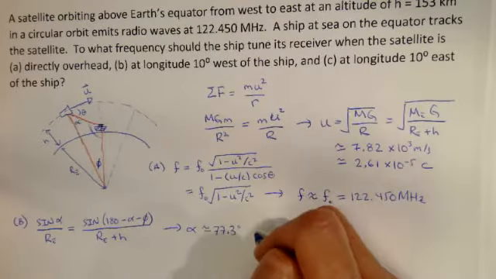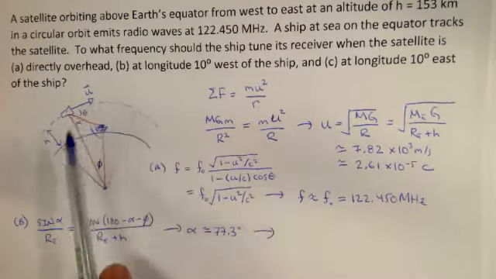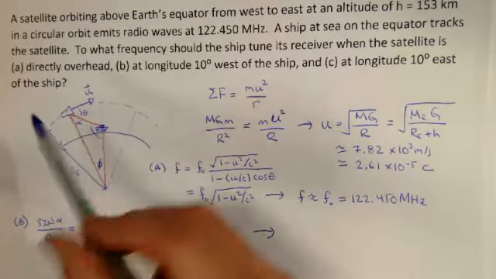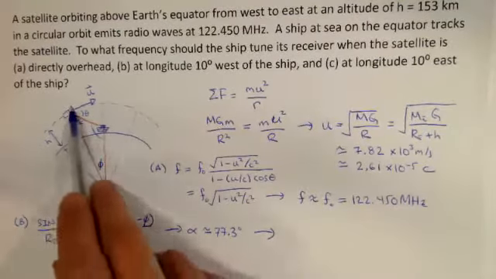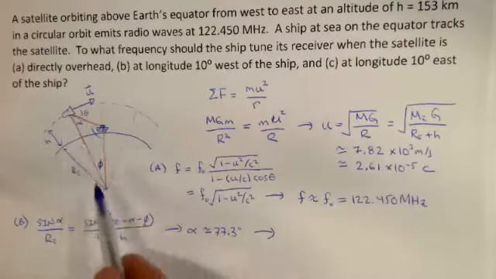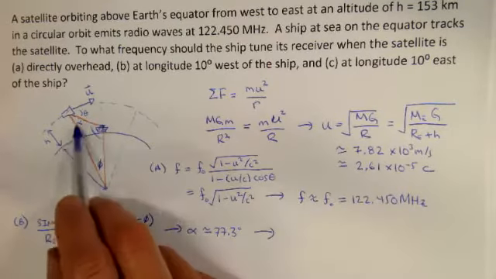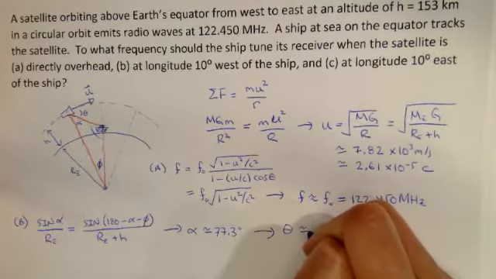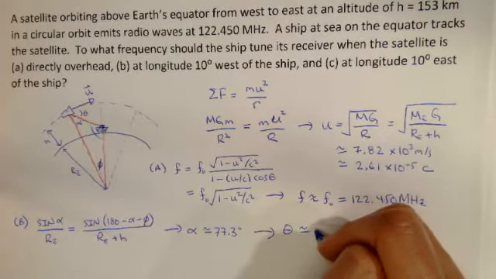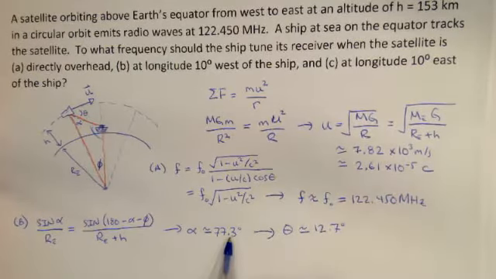And then if alpha is 77.3 degrees, between you and this side length, that should be total 90 degrees. But if we've just spent 77.3 of them here, then theta needs to be about, let's see, 12.7, is that right? 78, 80, 90, yeah.